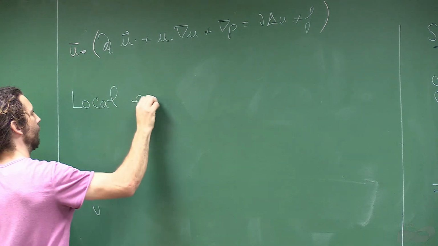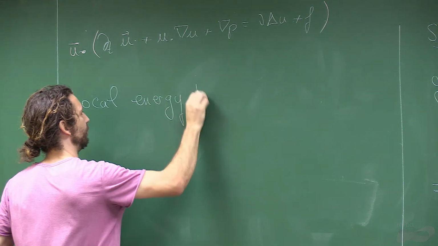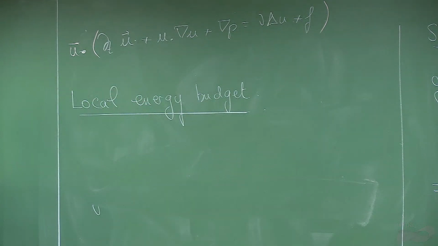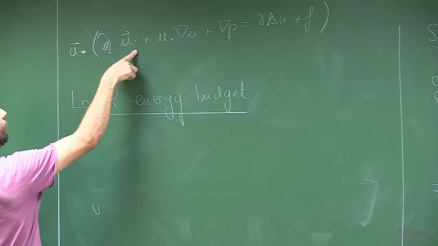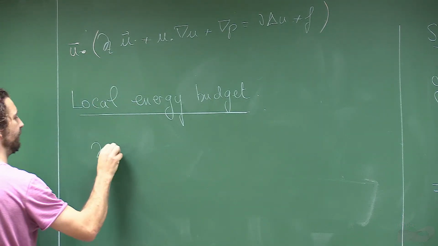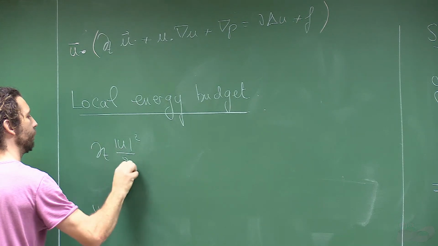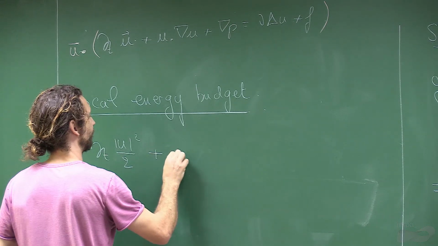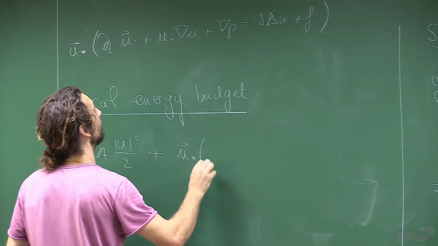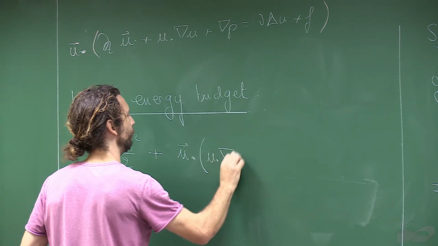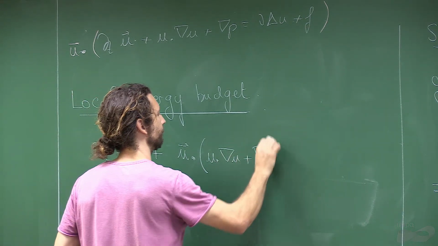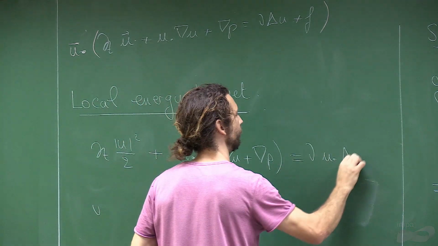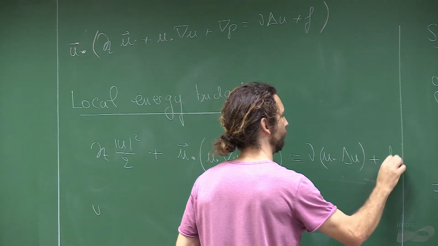Local energy budget, which tells you that u becomes u squared over 2, and then you have the scalar product of this times u dot u plus grad p, equal to nu u dot Laplacian u plus f dot u.